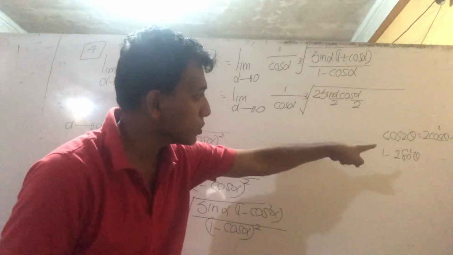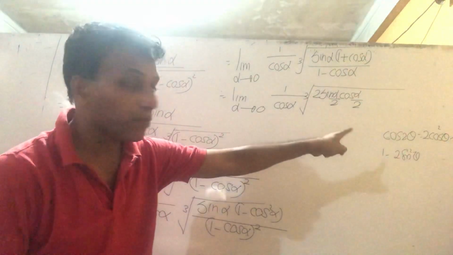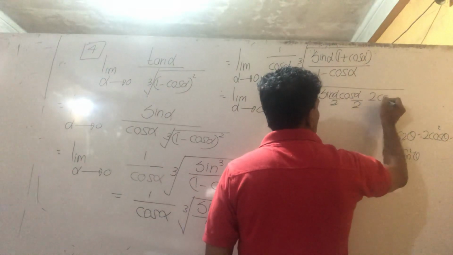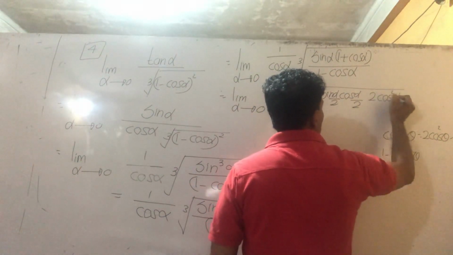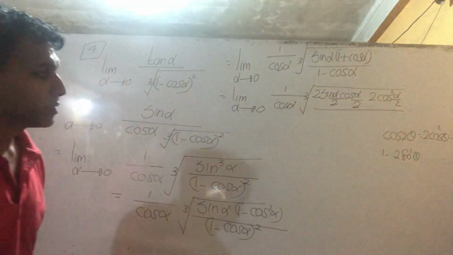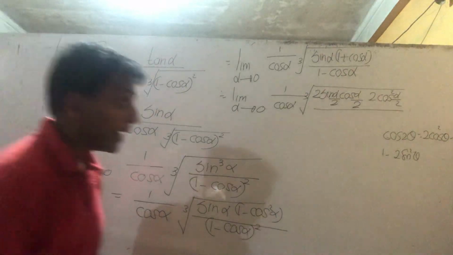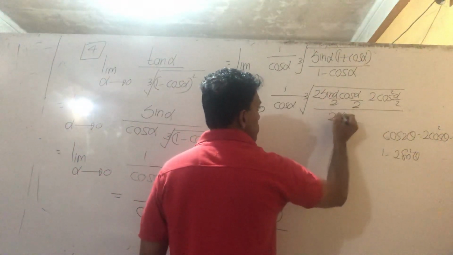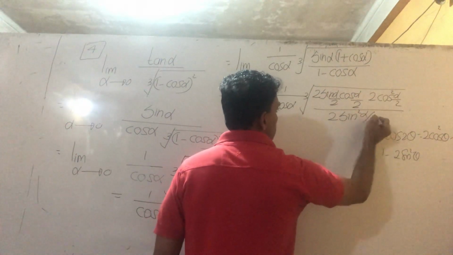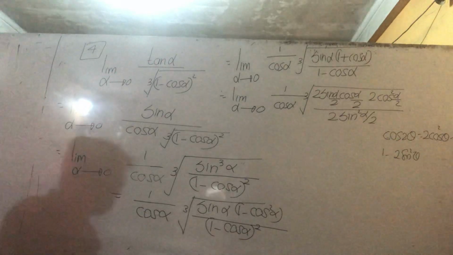What is 1 plus cos alpha? 1 plus cos alpha, rearranged, is 2 cos square alpha by 2, over what is 1 minus cos alpha? 2 sine square alpha by 2, okay?